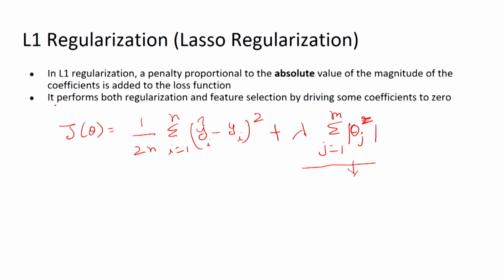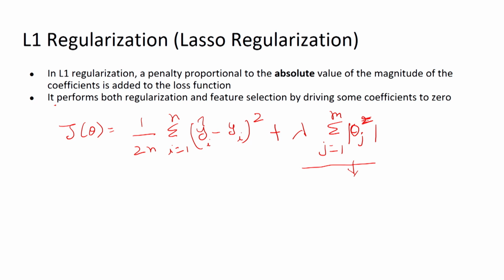So, what happens here? It will help in reducing overfitting, because we are trying to reduce this term also. So, your coefficient values will be less, even it can be 0. Suppose there are chances that in your data set some features may not be relevant.